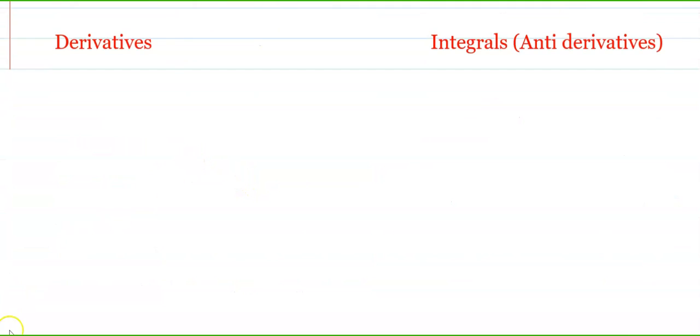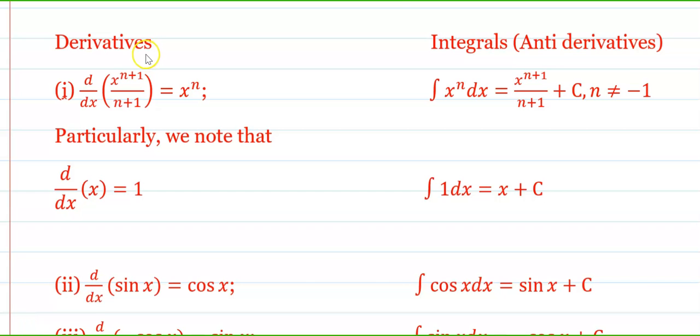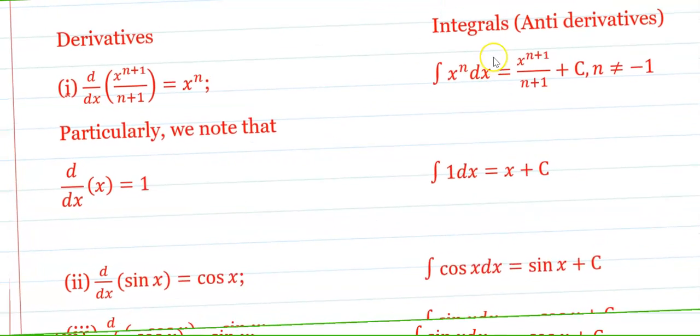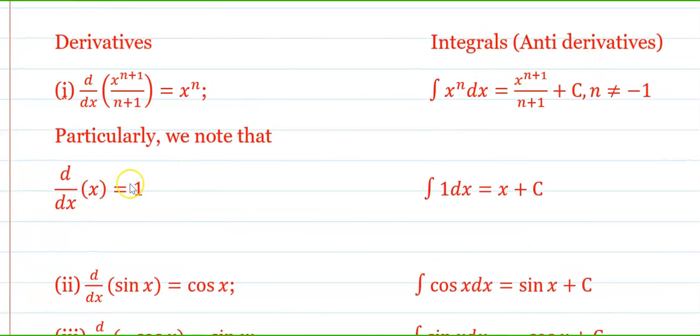See the first. Here are the derivatives in this column and the integrals, that is, the antiderivatives. The first is d/dx of x raised to n plus 1 upon n plus 1, which equals x raised to n.